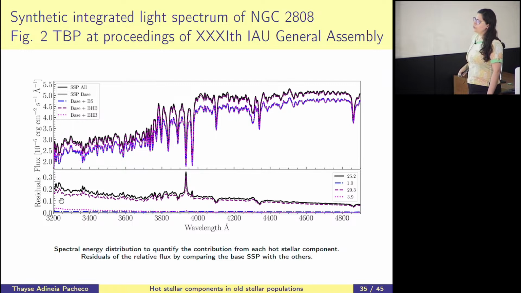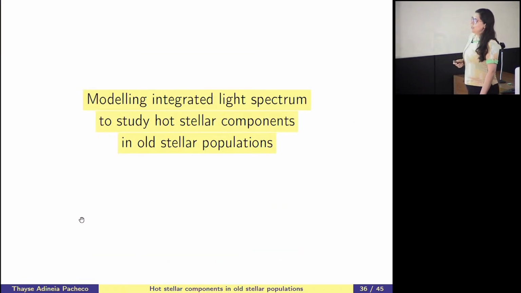So it's really important to take into account these hot stellar populations to study integrated light spectra. And we are also modeling integrated light spectra to study hot stellar populations in unresolved stellar populations.